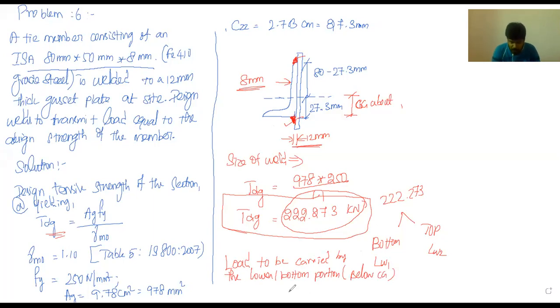I'm going to take it as P1, and P2 for the top. So P1 is equal to, how are we going to write it now? The total 222.273, that is the total force, multiplied with the distance.